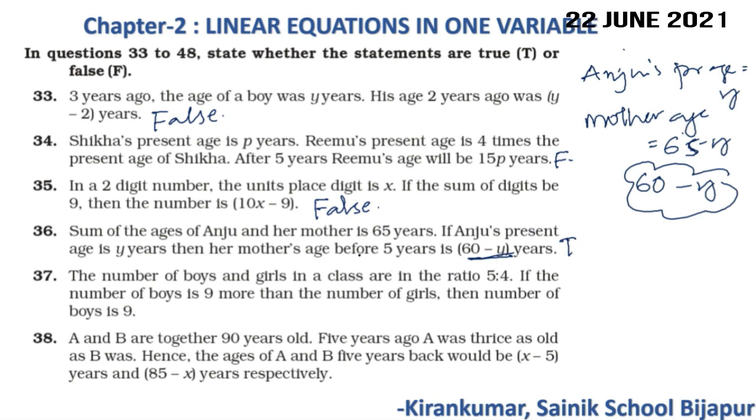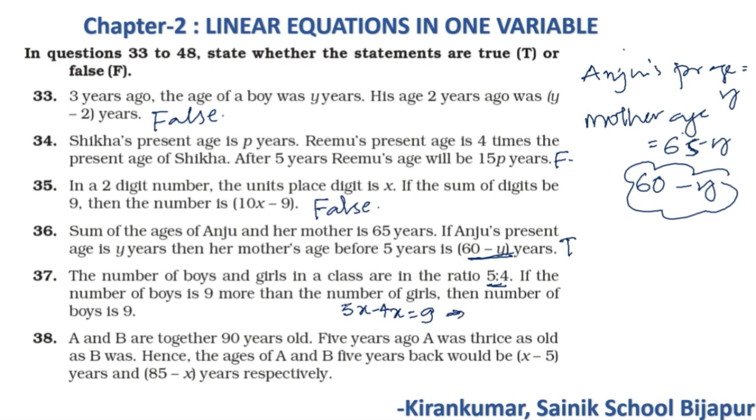Question number 37. The number of boys and girls in a class are in the ratio 5:4. If the number of boys is 9 more than the number of girls, then the number of boys is 9. Here, if we consider the number of boys as 5x and the number of girls as 4x, then according to the question, the difference 5x minus 4x will be equal to 9.